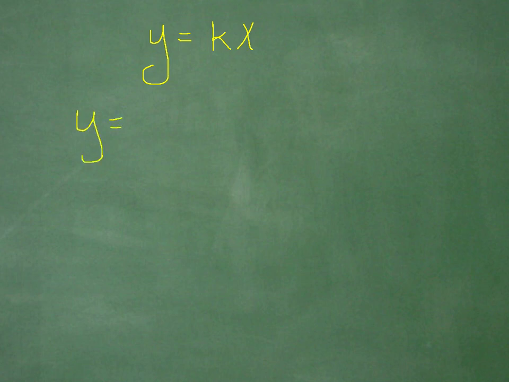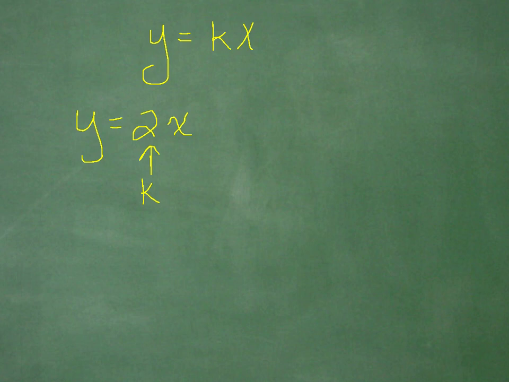Most of the time when you see a direct variation, you're going to see it in the form y equals k times x. Now sometimes they rearrange it to confuse you. So let's look at the equation y equals 2x again. This is a direct variation in the form y equals kx. Here, k is 2, so 2 is the constant of variation.